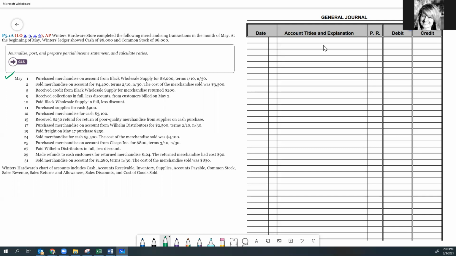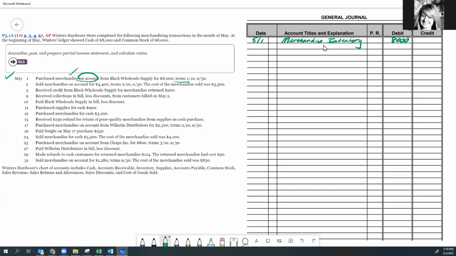So we have merchandise that we didn't have before, and we have a new account in this chapter called Merchandise Inventory. That's an asset account, and by debiting it, we increase it. So we're going to debit it and make it increase. And we purchased this on account, so that means on credit.